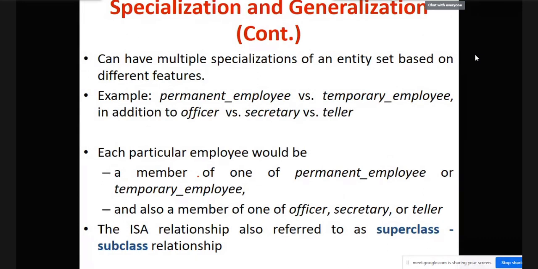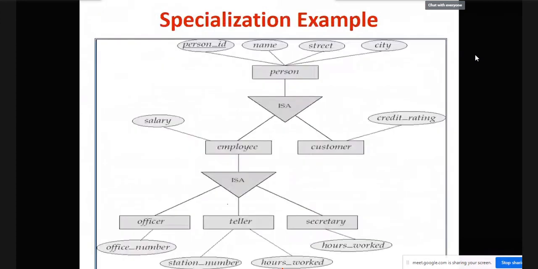Okay. Now after that, specialization and generalization, they can have multiple specializations of an entity. This we just now saw, right? Employee. Similarly for employee, here we have divided them as an officer, teller, and secretary. This can also be divided as a permanent employee and temporary employee if you want.